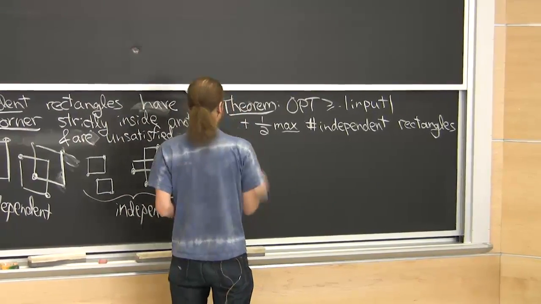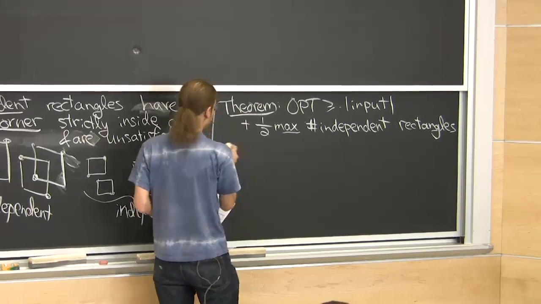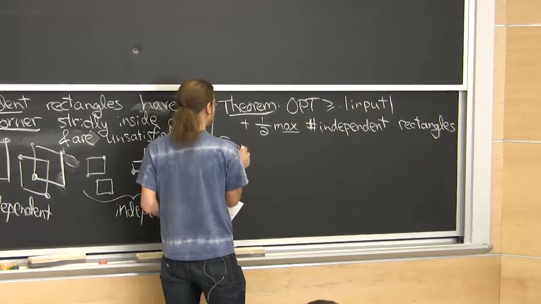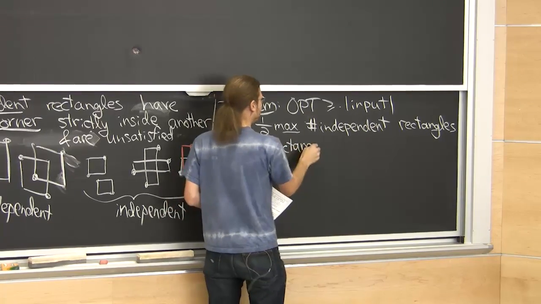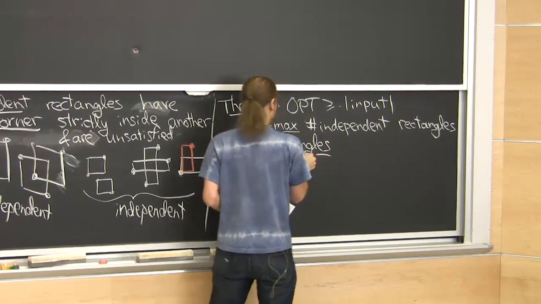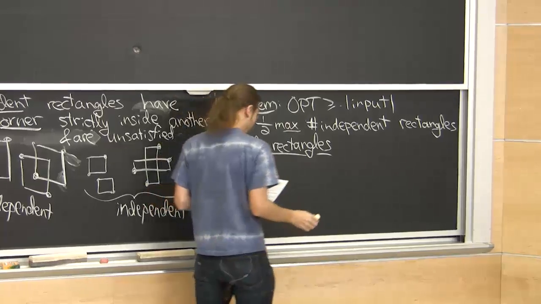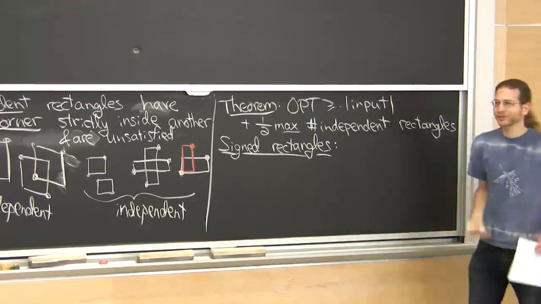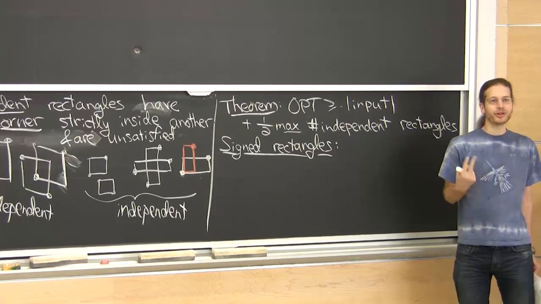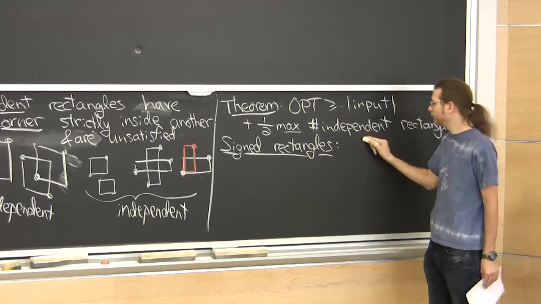All right, to prove this theorem, we're going to change it a little bit first. And this is kind of the focus of today, the idea of signed rectangles. If you look at the rectangles in the world spanned by 2 points, there are 2 different kinds.